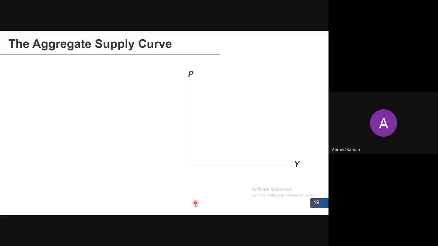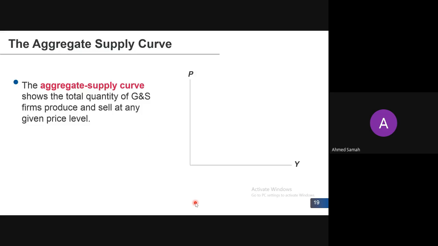Now we are coming to the aggregate supply curve. Previously we talked about the aggregate demand curve. The aggregate supply curve shows the total quantity of goods and services firms produce and sell at a given price level.